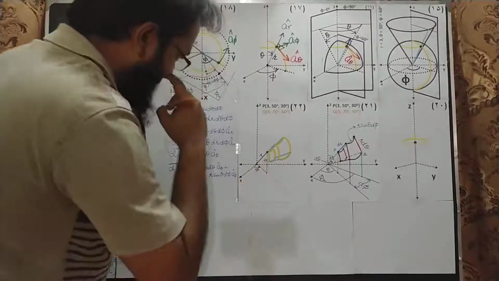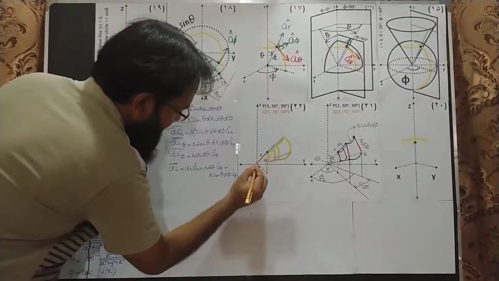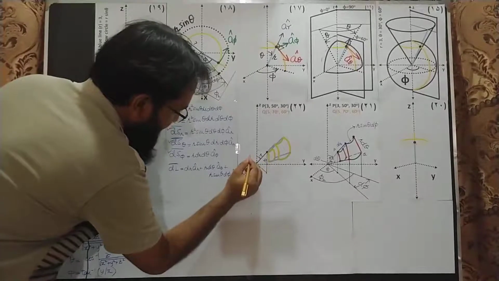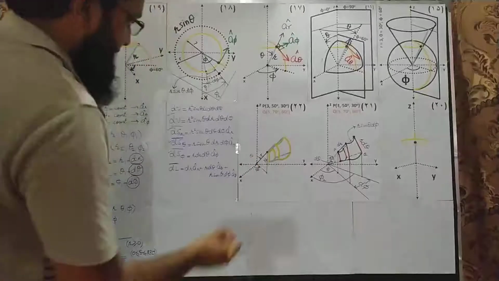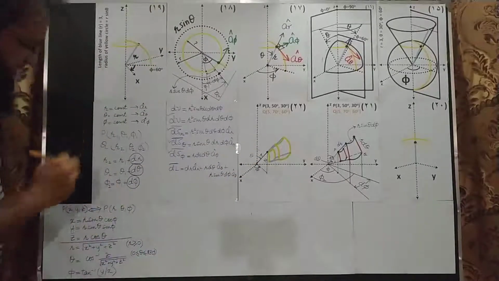And the angle which this line is making with respect to the z-axis is theta. This is how we reach this point P in the spherical coordinate system.